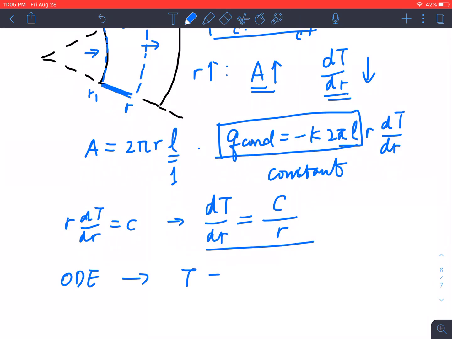This T must have a distribution of log, right? With two constants.